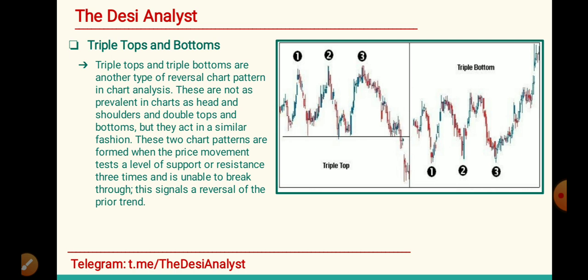So if it is formed the fourth time, the fifth time, then it will be a channel. And in a channel, retesting up and down, support and resistance will be common unless and until there is a breakout or breakdown. Okay.